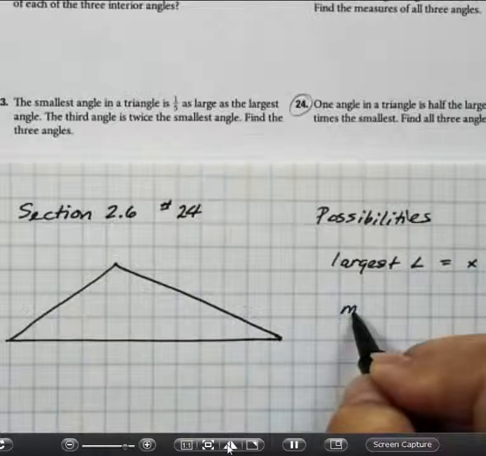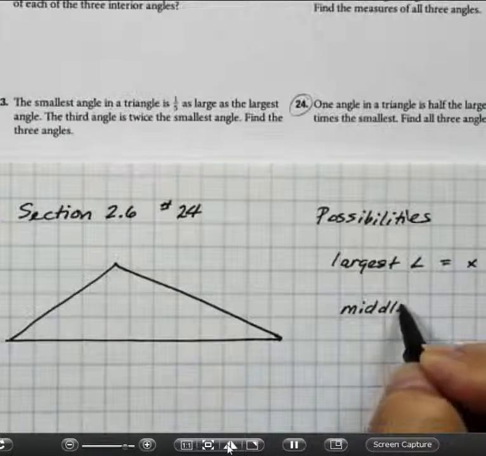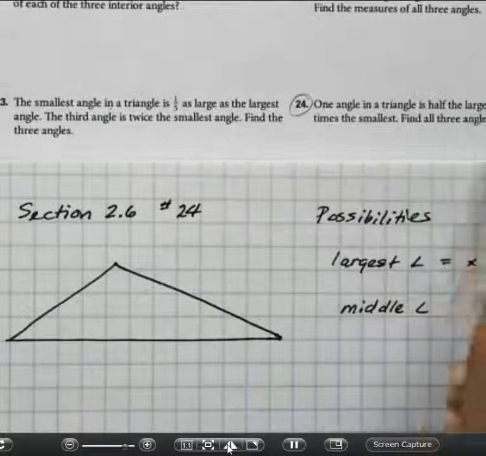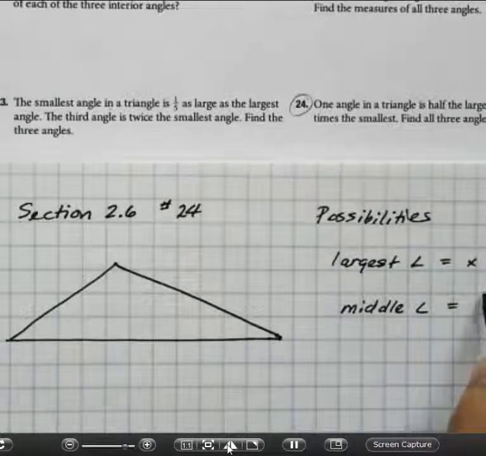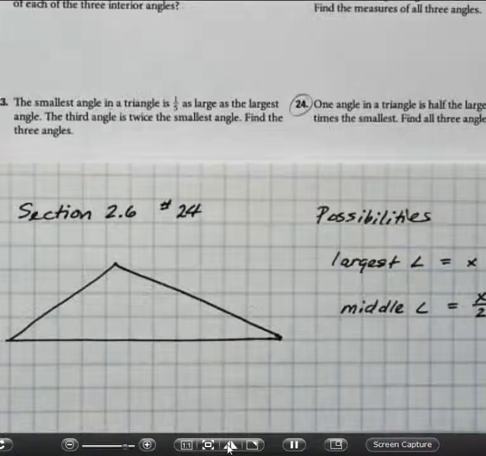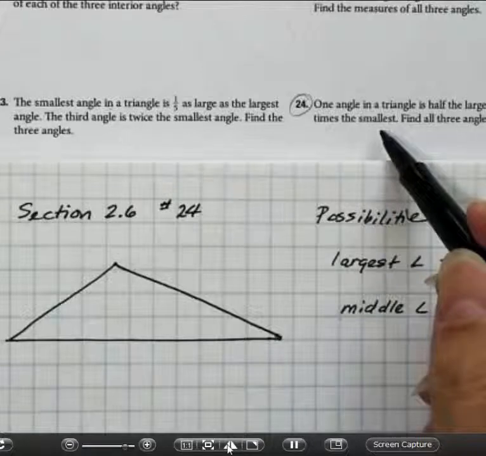The middle angle would be half the largest. So I would take my largest and divide it by 2. Then you get to the third angle. This middle angle is half the largest, but now it is 3 times the smallest.